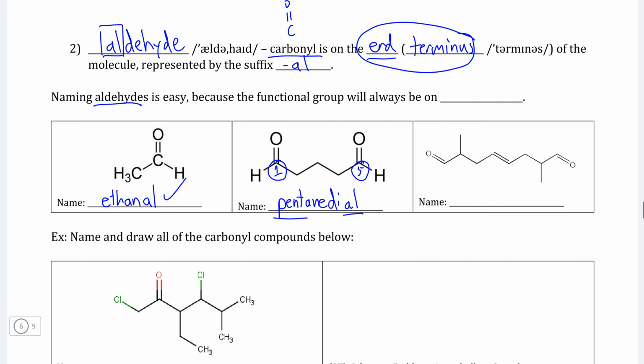Now, in this molecule here, we actually have a side chain, or 2 side chains rather, and we actually have a double bond, which we can quickly identify is in the E position here.